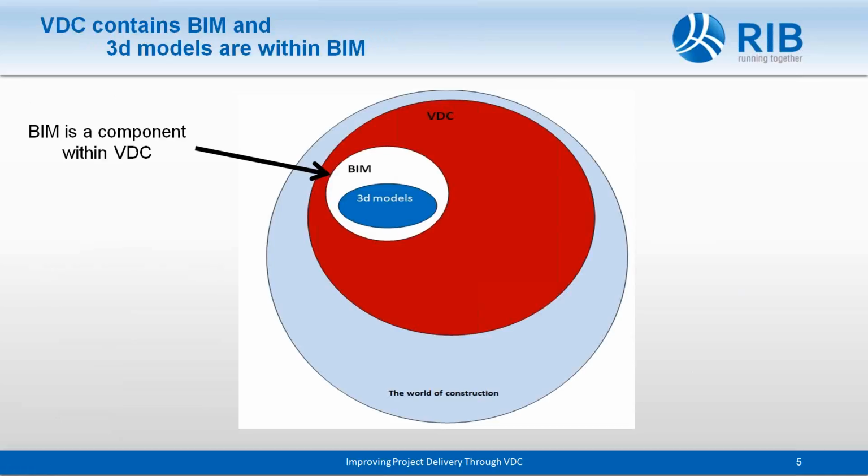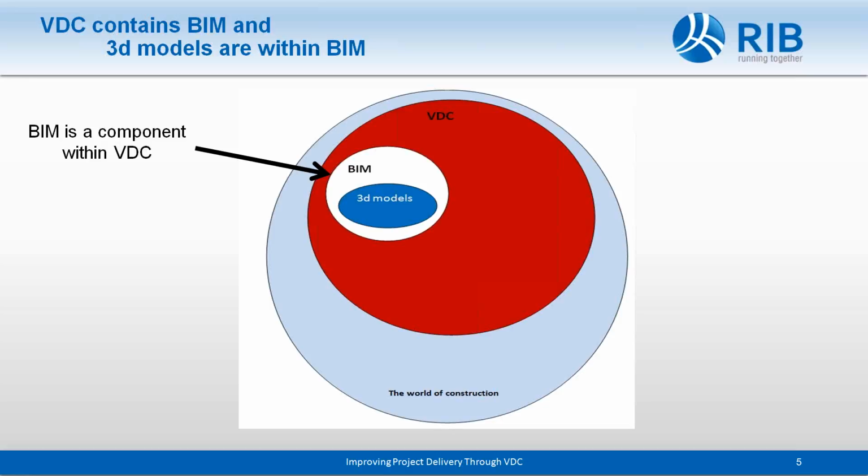Now let's look at this to understand how all this fits together. The light blue oval, think of that as the whole world of construction. The sizes of these ovals do not represent any kind of percentages, because VDC currently is not tremendously used as a percentage of delivering construction projects, even though it is growing and will grow over time.